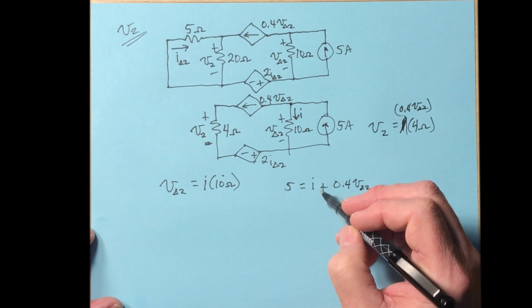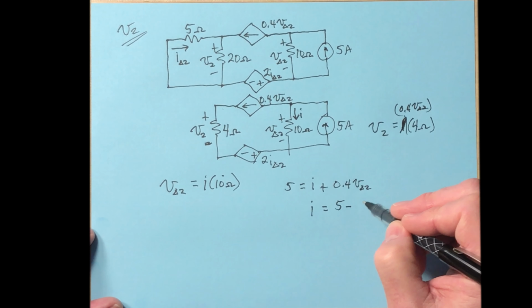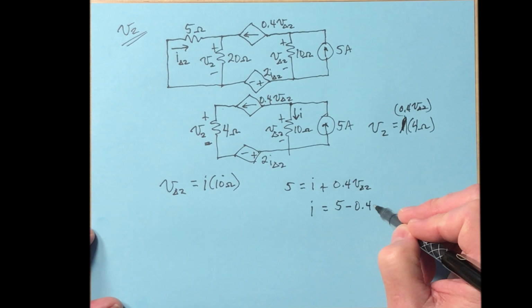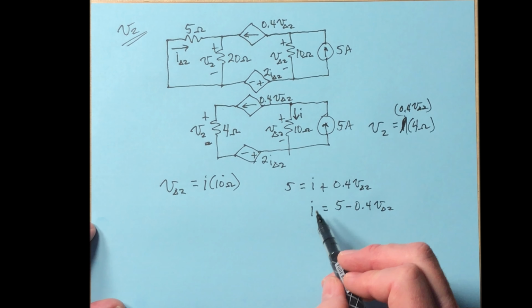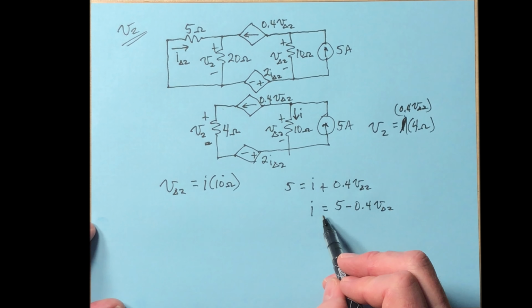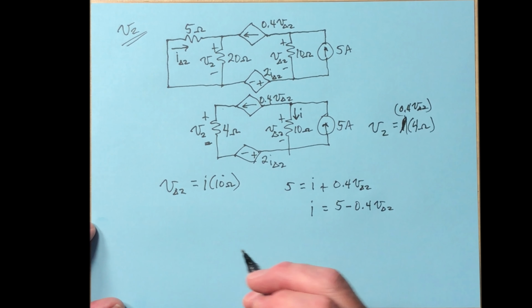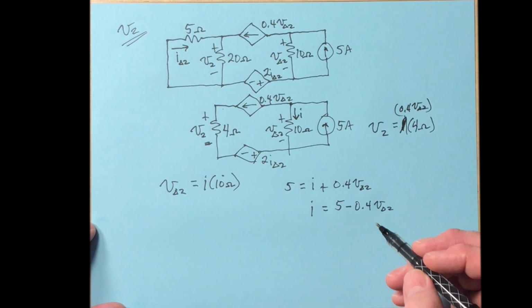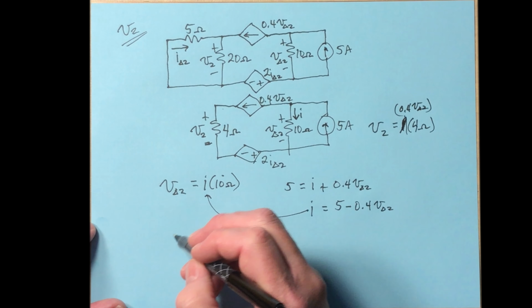From that, we see that I is equal to 5 minus 0.4 V delta 2. What we can do, though, is take this I, substitute it in here, and then we just have one equation with one unknown. So let's take that, substitute it in right here.